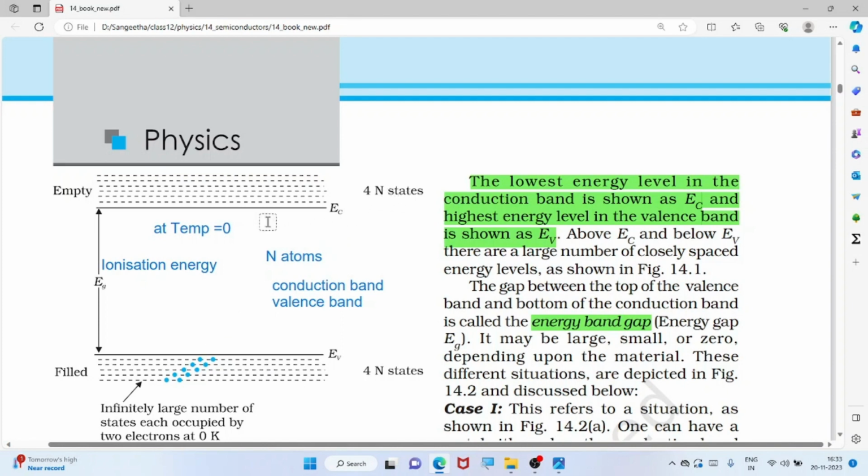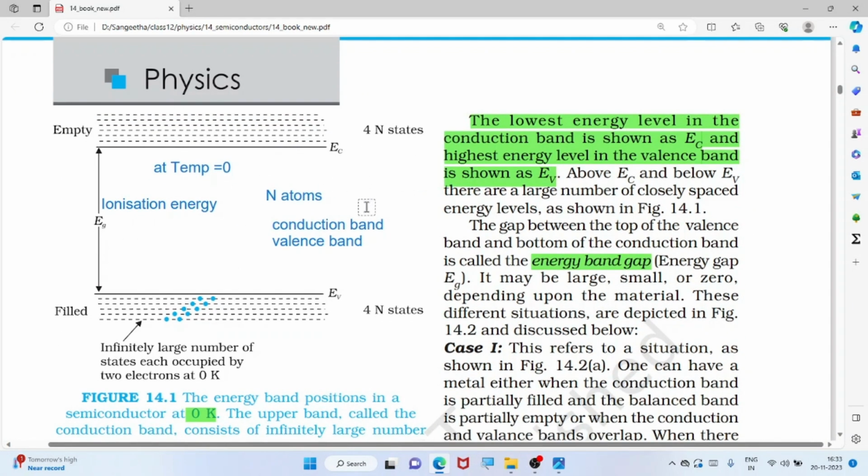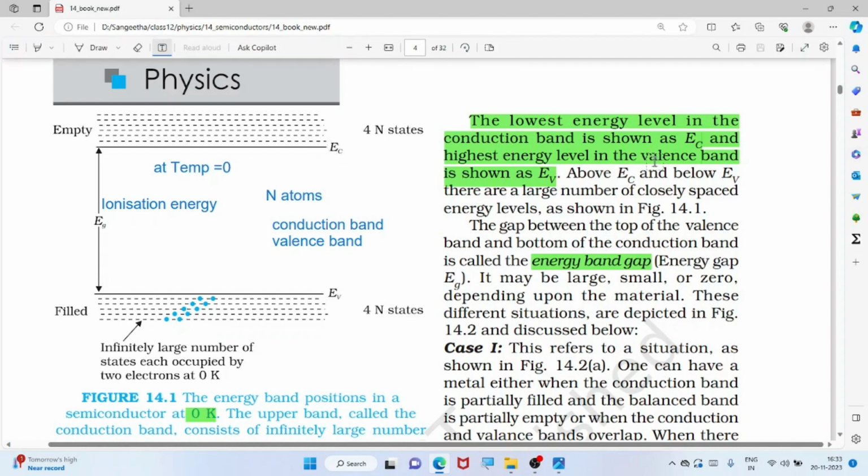Here N is the number of atoms. This is the lowest energy level in the conduction band, and the highest energy level in the valence band. This is the top of the valence band, bottom of the conduction band, and in between is the energy gap.